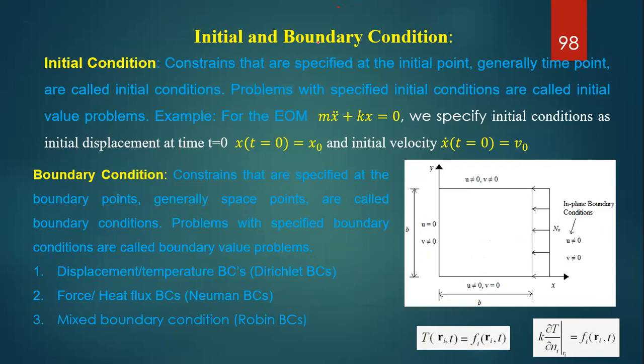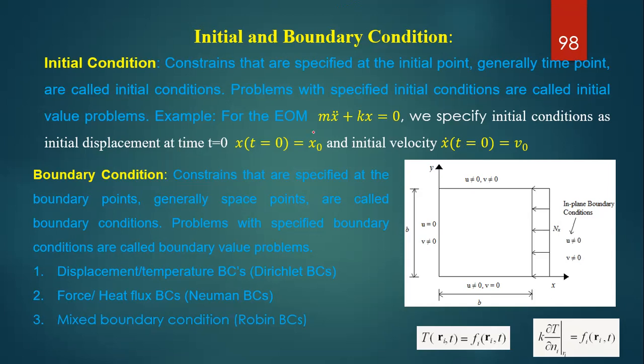Problems with specified initial conditions are called initial value problems. For example, when we specify x of t at some specific time, then it is called an initial value problem.